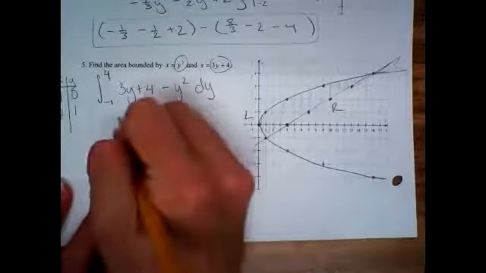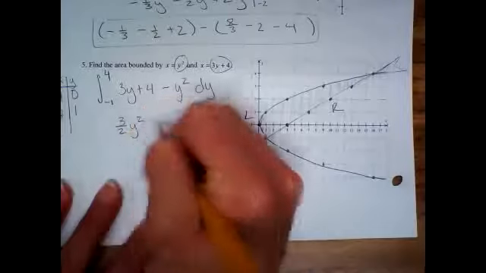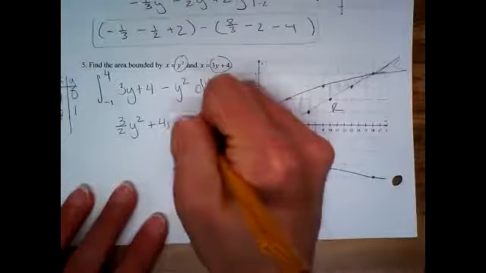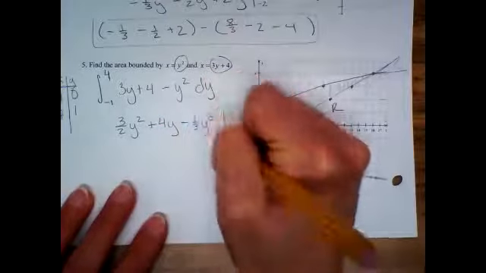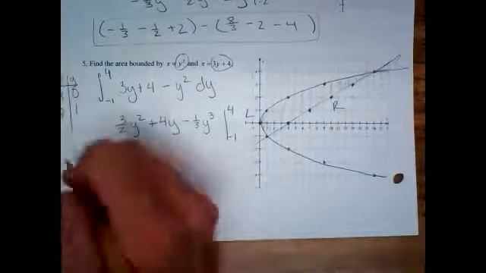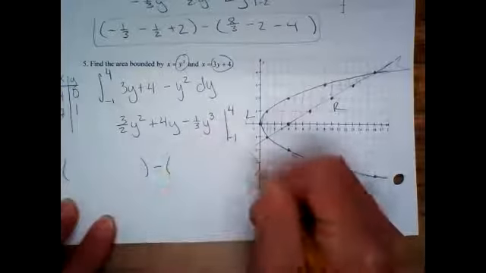and then antiderivative. This would be 3/2 y squared plus 4y minus 1/3 y cubed, such that -1 to 4, upper boundary minus lower boundary.